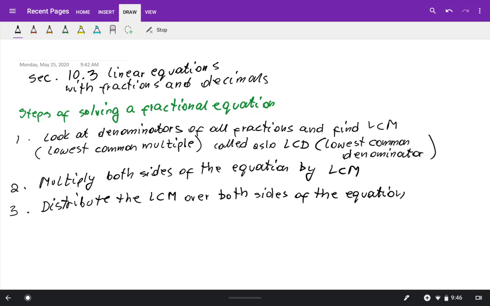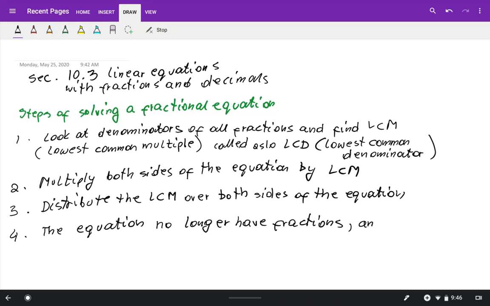Okay, and step 4, if you did that correctly, the equation no longer has fractions. That's how you're going to know if you're solving correctly.